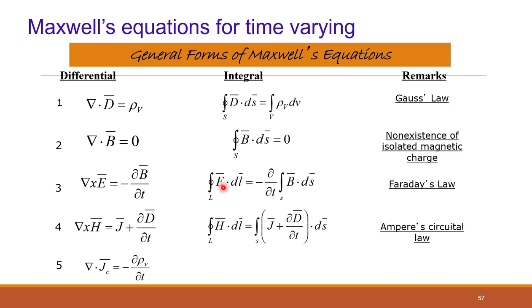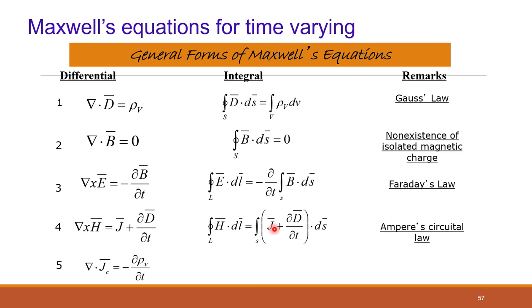The third equation is based on Faraday's law, and that gives us the point form or differential form as del cross E bar is equal to minus dou B by dou T. And in integral form it is closed integration of E dot dl is equal to minus surface integration of dou by dou T of B bar dot ds. And by Ampere's law we can say that closed integration of H dot dl is equal to surface integration of current density.